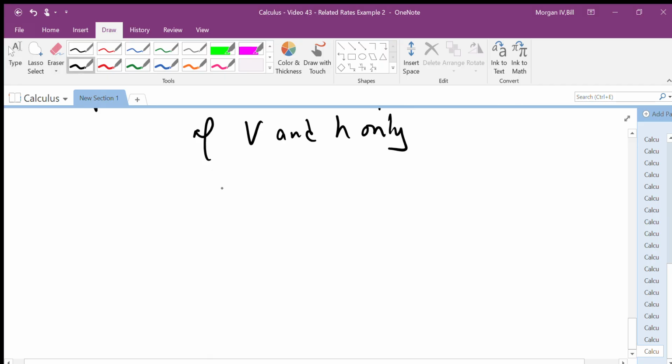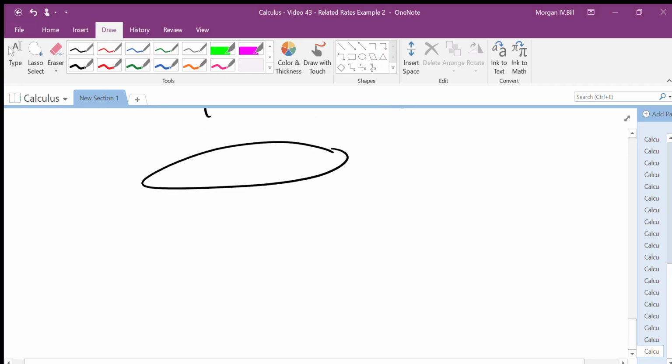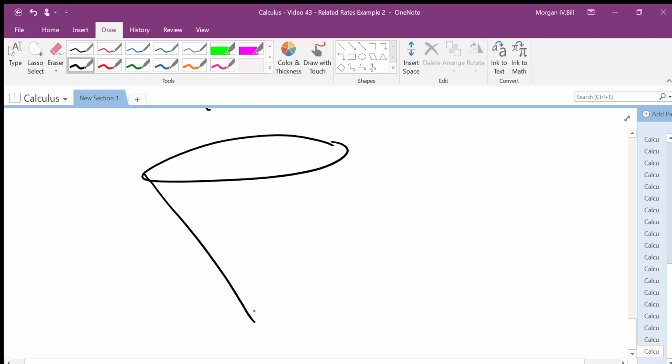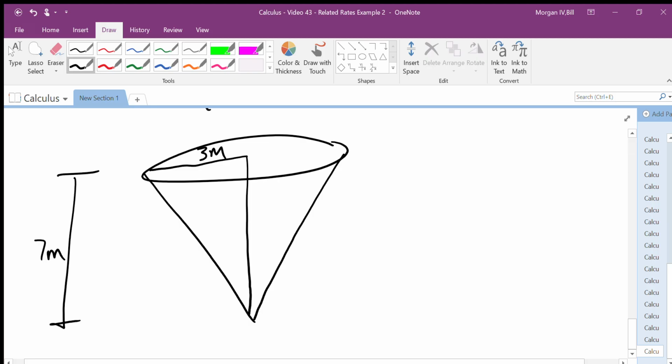So you had the cone. Well, let's draw it right. There's the cone, bottom facing down like this, point facing down. This was 3 meters, a height of 7 meters, particular water level, and that had a height h here and r here. Okay, and maybe you can see now we have this triangle over here.